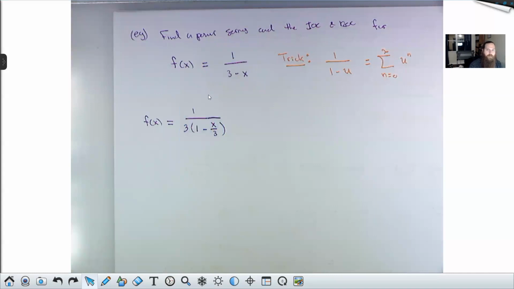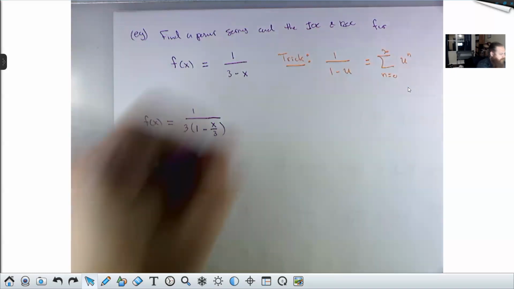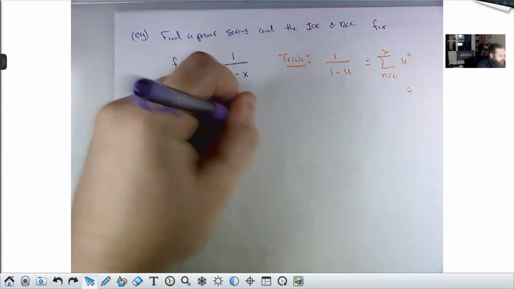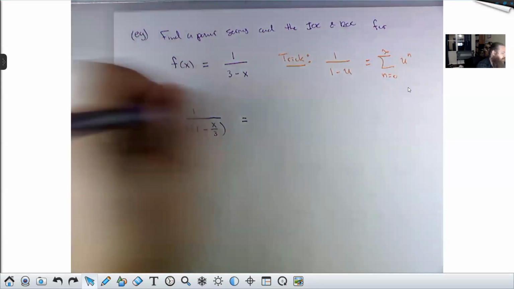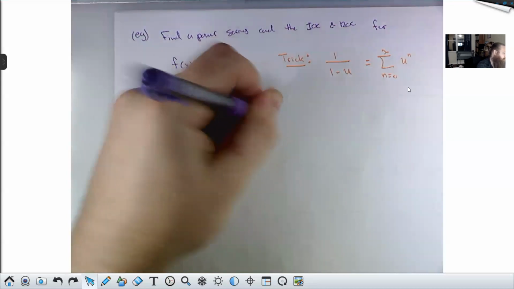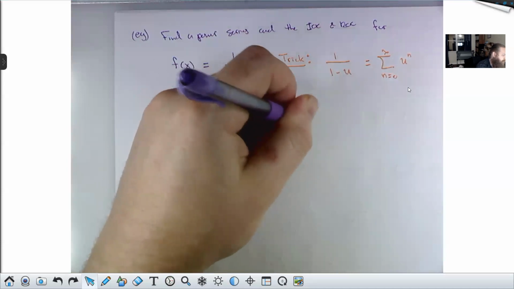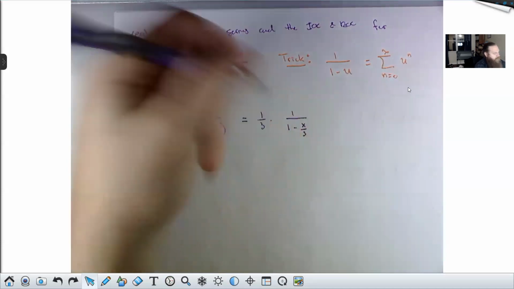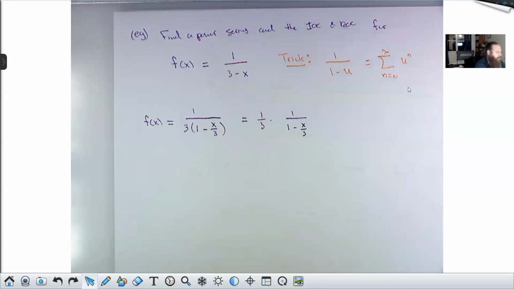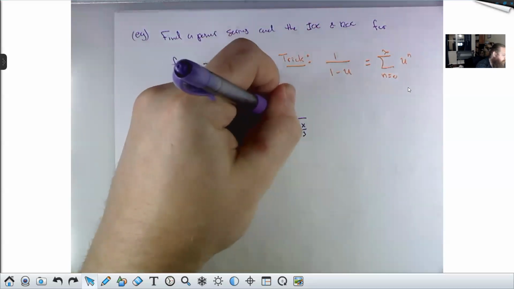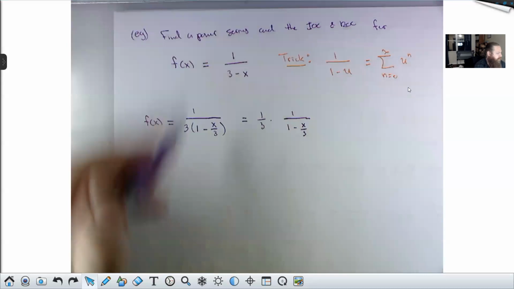And this might not look like it right away, but it is closer to this. Because now I've got 1 over 3 times some stuff. That's 1/3 times 1 over that stuff. Remember, fractions are grouping symbols. Top and bottom of every fraction is secretly in parentheses. So this really is the same as this.